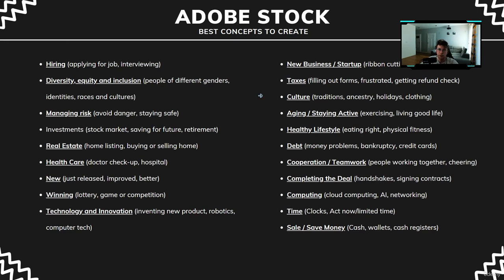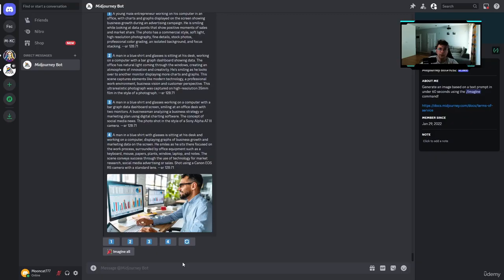So you can stop this video for a while and think about which category you would like to create, which type of content, which images. Just think about it, take your time, don't rush and decide for yourself. When you have your idea, let's get into the action.